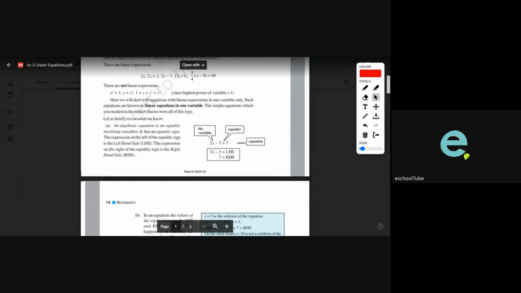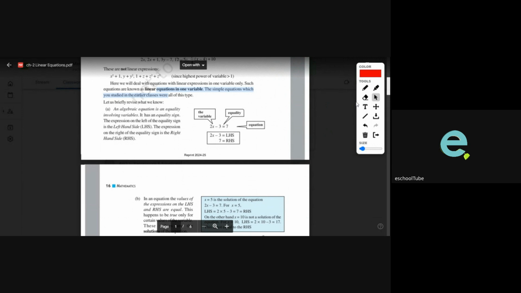For example, 2x minus 3 is equal to 7. Since it is an equality, there is a left hand side and a right hand side, and variable is only x.